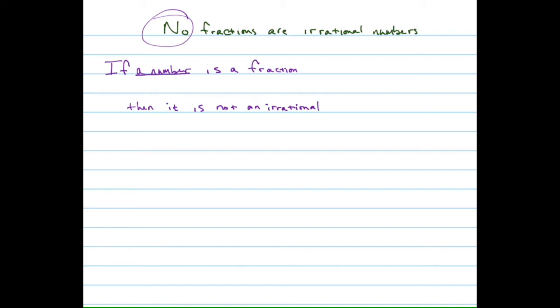It says an irrational number is a number that cannot be written as a quotient of two integers. What does quotient mean? Division. What's another way of writing division? A fraction. So if it's an irrational number, it can't be written as a fraction. So if it is a fraction, it can't possibly be irrational. Does that make sense? Yep.